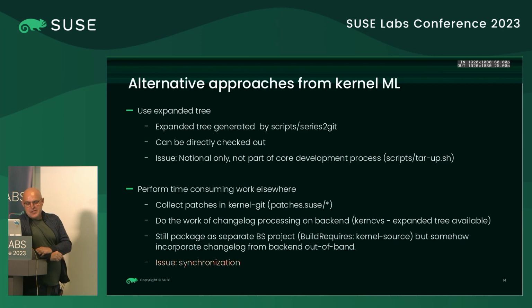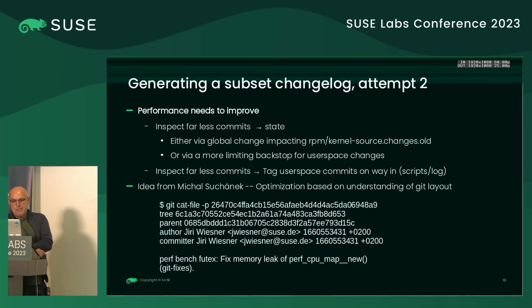But there's a major synchronization problem here because it's unclear when the kernel source actually becomes the new kernel source. It goes through, it gets released, it comes out of maintenance, and eventually it'll appear in kernel-source. So you check your patches into kernel git, but when you actually have to loop back and package it into the user space package is really unclear. So I'm kind of iffy on that.